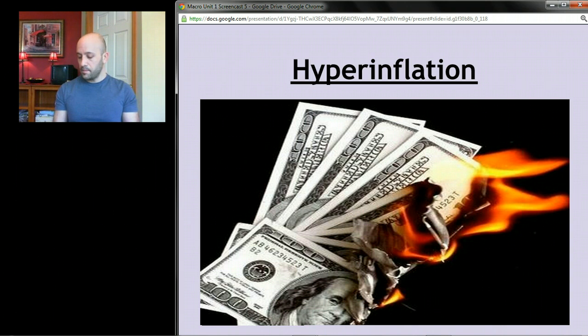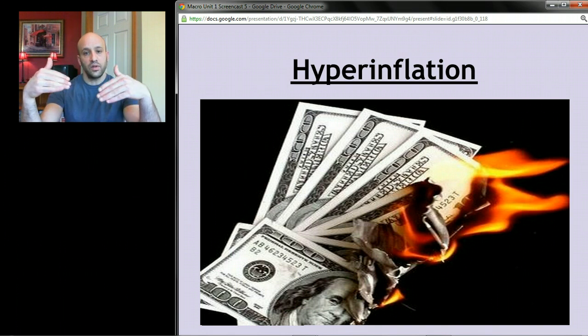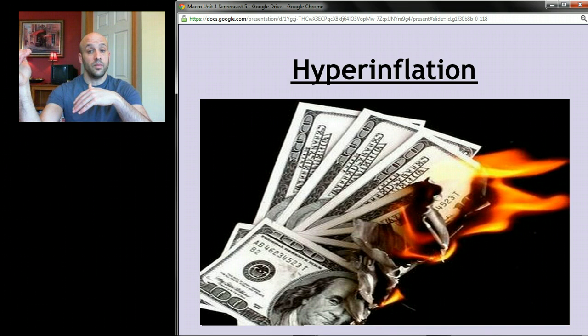In fact, money was becoming so valueless, and prices were rising so fast, that if you went out to lunch in Germany between World War I and World War II, they didn't give you a menu with prices on them, because the prices would actually rise in the time it took you to eat the meal. Prices would be different at the end of the meal than they would be at the beginning of the meal.